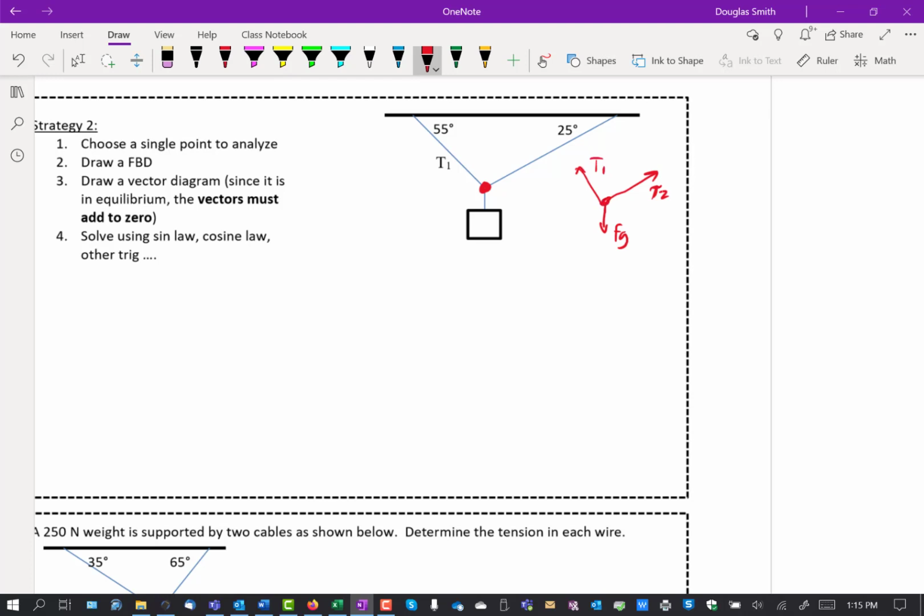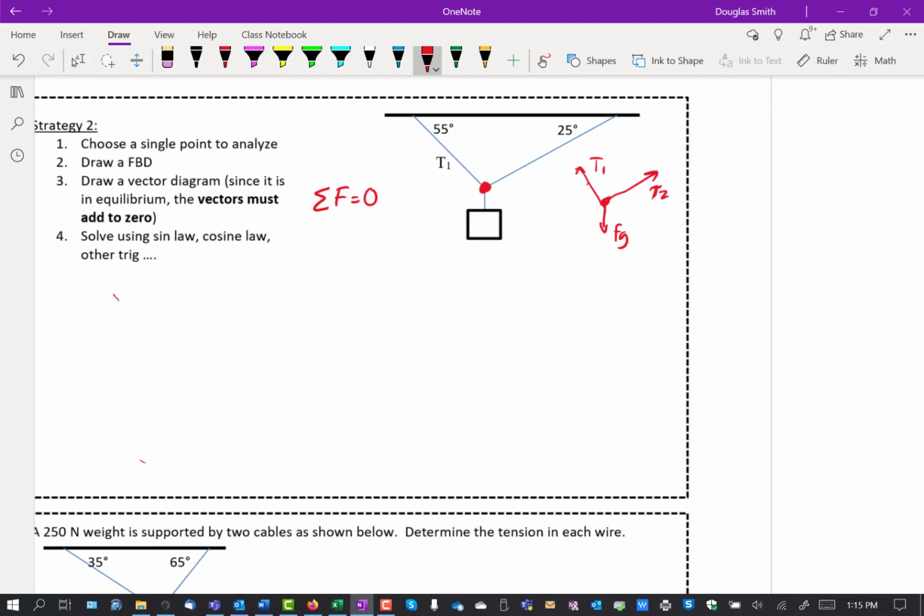Now, we know that all the vector forces have to add up to 0. So the total forces add up to 0, that means if I do vector addition, if I draw all these vectors by adding them together, it should be a closed loop. So what that looks like is something like this. I'll start with the T1. So the T1 goes like this.